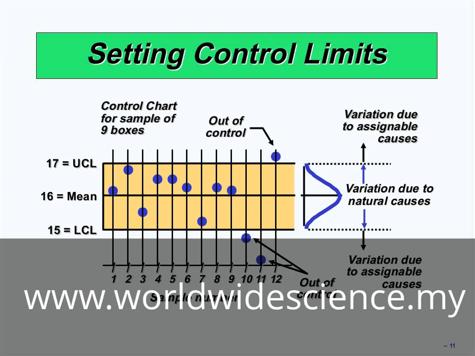When you see something is not under control, you should check the time and find the problem, because there is some problem. As I told you, if you don't check the problem, the process goes wrong and you will produce defective products.